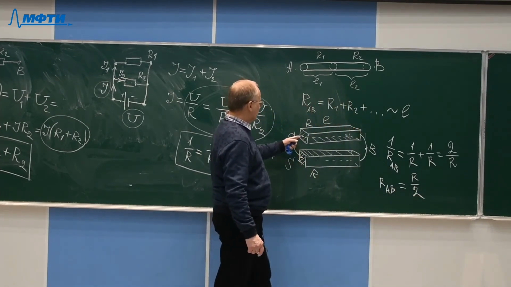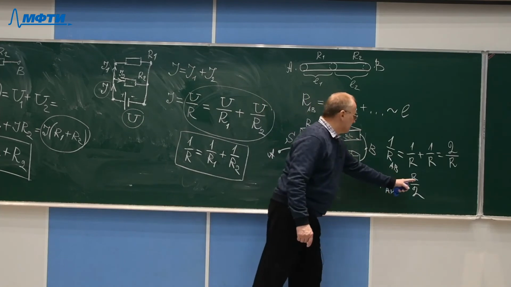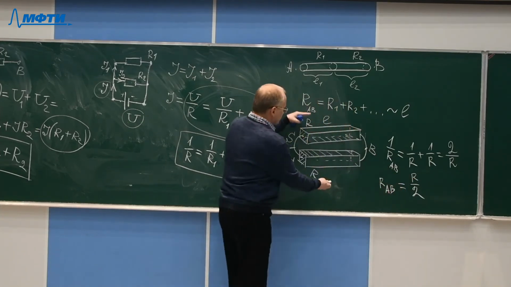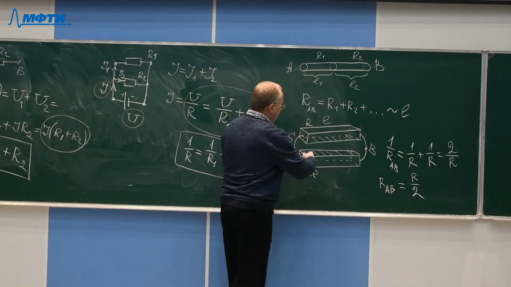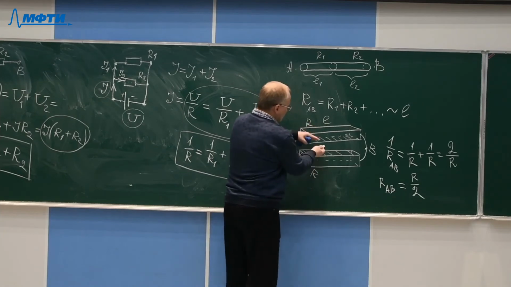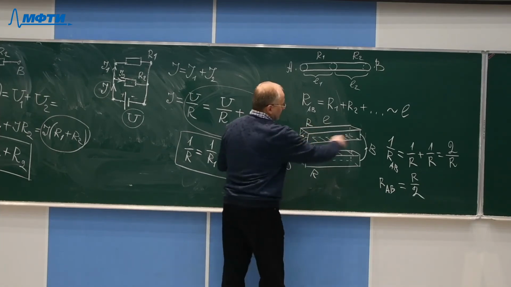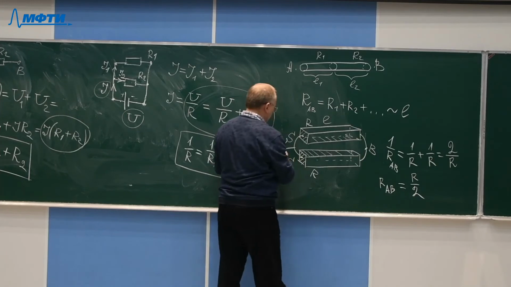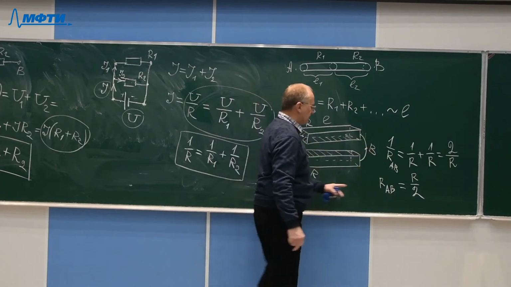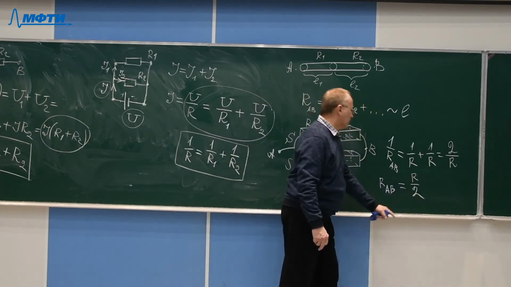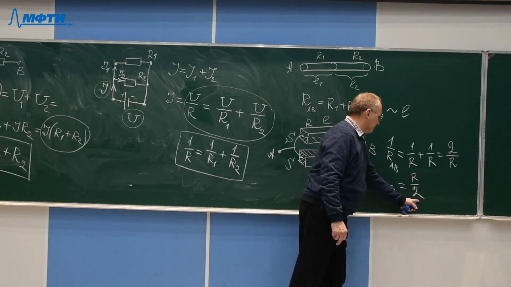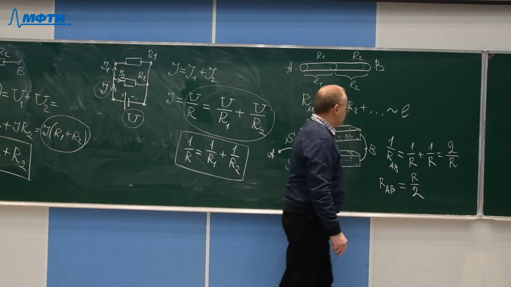Because if we take the resistance of a single wire, it's equal to R. If we take the resistance of both wires, of 2 stuck wires, then the total resistance of this piece of conductor will be the resistance between points A and B, and that will be twice as small. It will be smaller by a factor of 2.